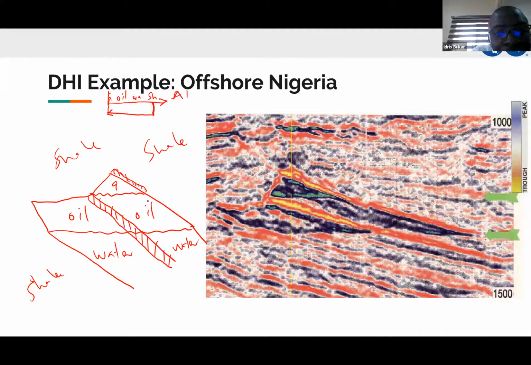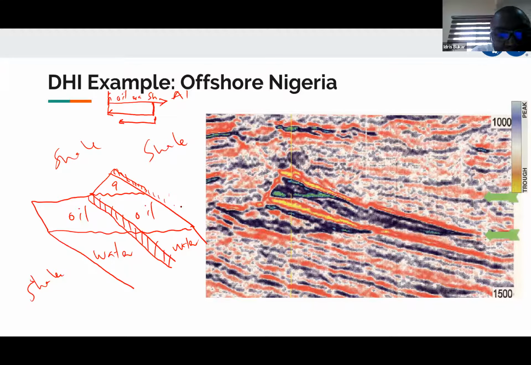Then from this point here where the yellow dims into a red, we're going from shale to oil sand, right? So it's a smaller drop in acoustic impedance. So it's a bright spot, but of a lower intensity, right? And that's what gives us the bright spot on this side, okay?